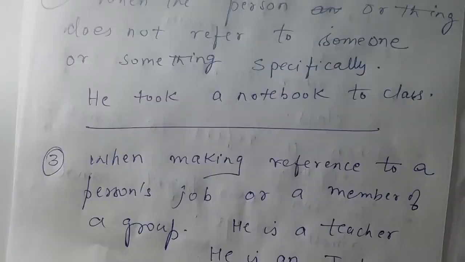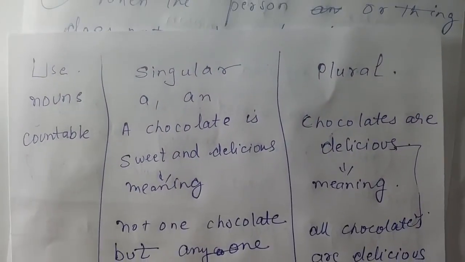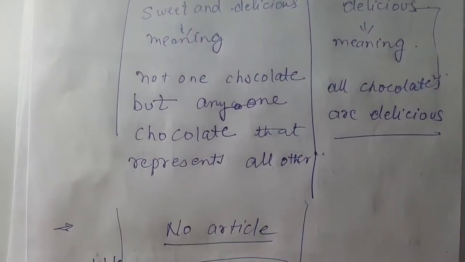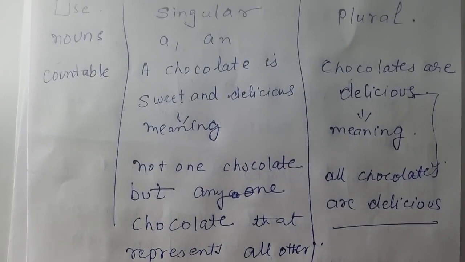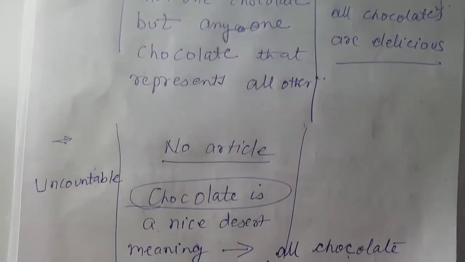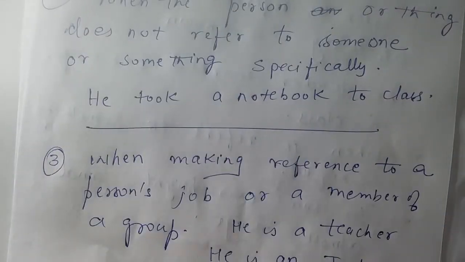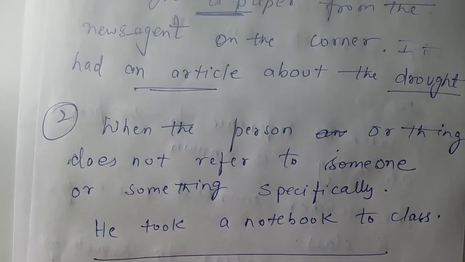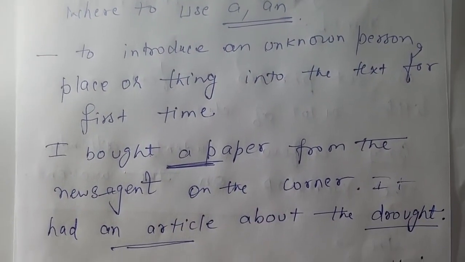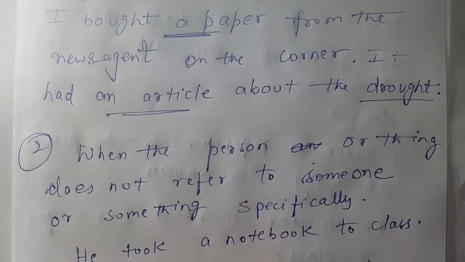Right? After that, this is about countable nouns. The examples are in front of you. This is about uncountable nouns, right? After that, my second page is there. I will show this page to you again. This is the second page, please. These are some of the rules. Most of you may know these rules.